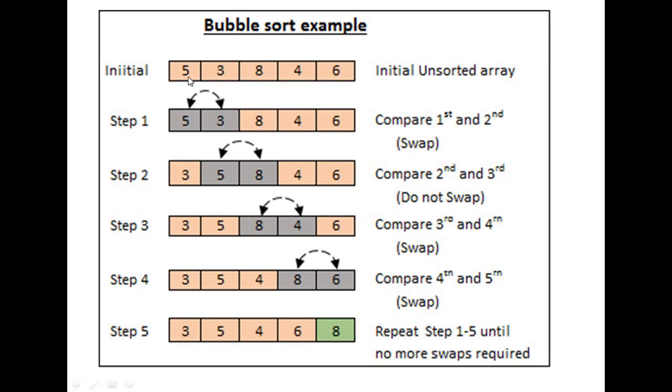In step 1, we take the first two numbers, 5 and 3. Here 5 is greater than 3, right? So the first and second will be swapped. In the second step, we compare 5 and 8. 5 is smaller than 8, so it will not be swapped.